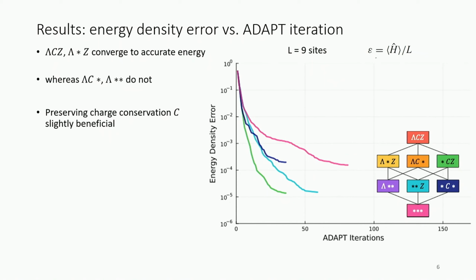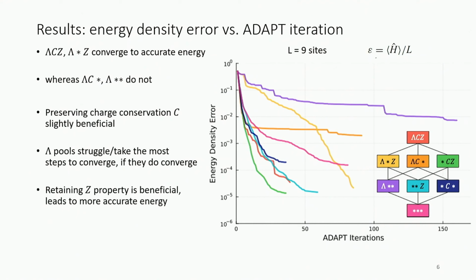Similarly, you could look at the light green versus the light blue. Now, these are a pair of pools in which the light green preserves the charge conservation and the light blue breaks it. But again, we can see that these two pools both achieve similar energy accuracies with slightly differing number of iterations.